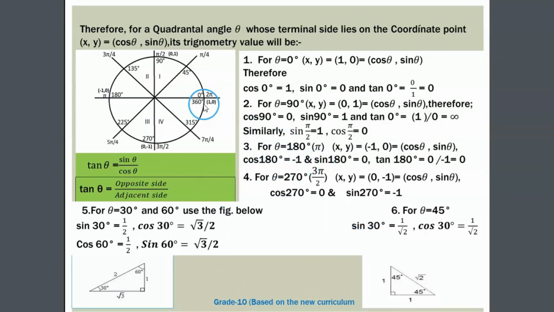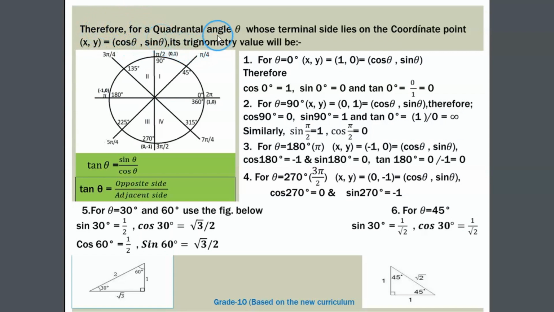So let's take different quadrantal angles and, using the coordinate points where their terminal sides lie, see how to determine the trig values of the angles. For a quadrantal angle theta whose terminal side lies on the coordinate point x, y, we have seen that x is always equal to cos theta and y is equal to sin theta.